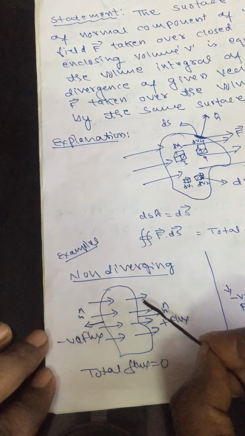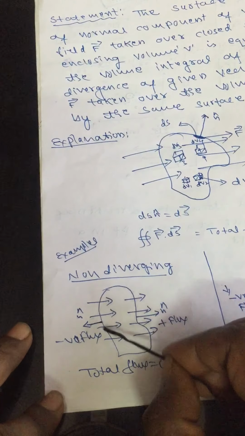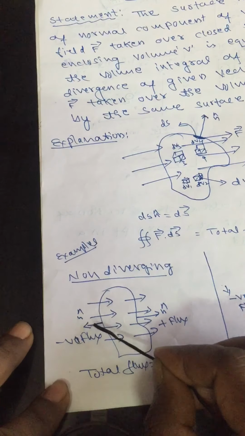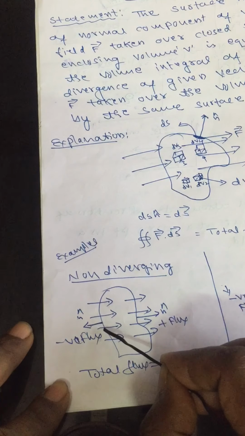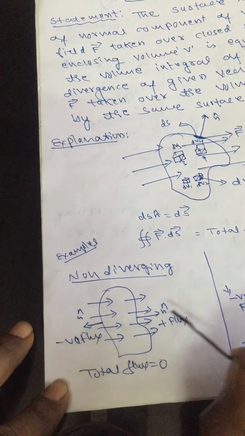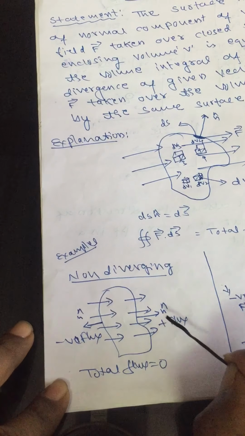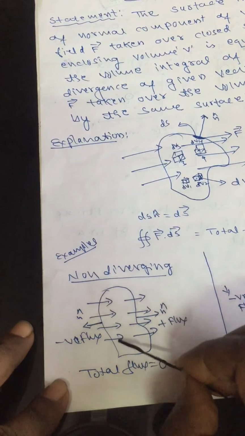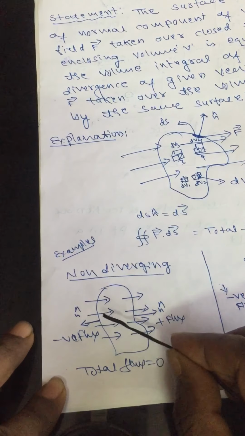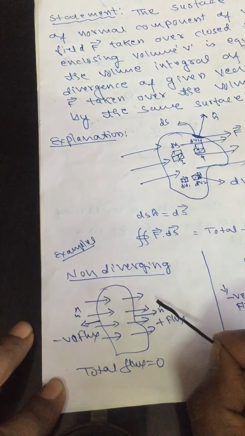What is the flux over the closed surface? Here the unit vector is in this direction and the flux is moving in this direction. So naturally this is the negative flux and this is the positive flux. So the total flux over the closed surface is almost zero, because this is a uniform vector field, isn't it?